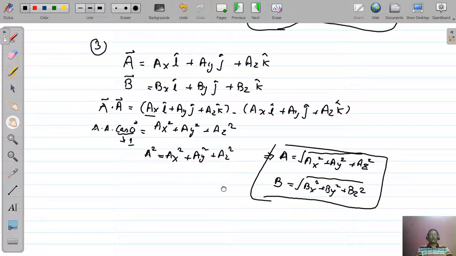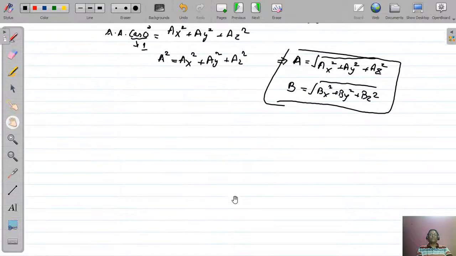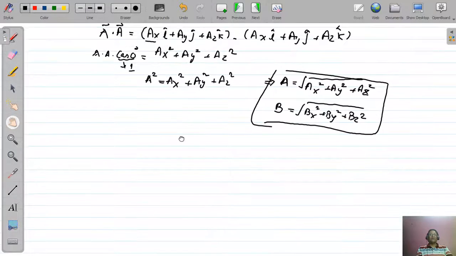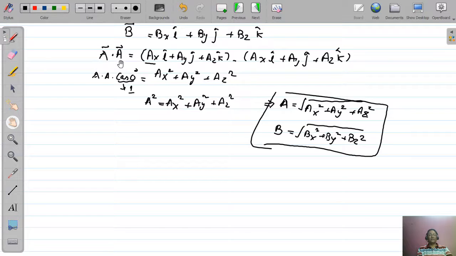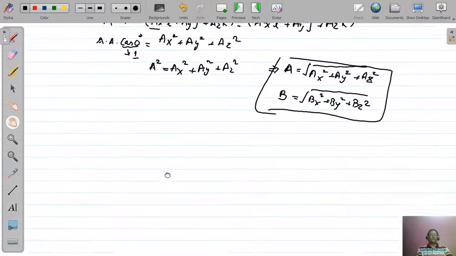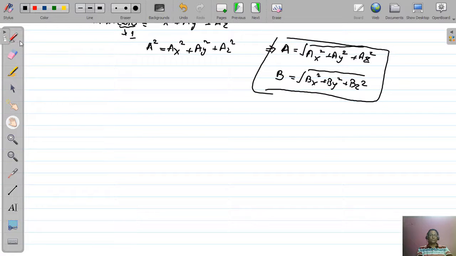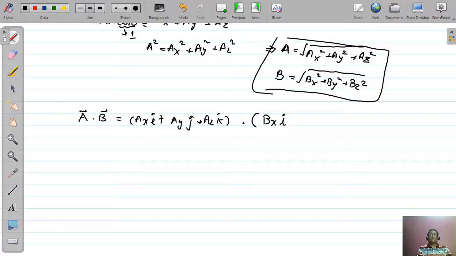Now we take the dot product of A dot B. Here we had taken the dot product of the same vector. Now we are taking the dot product of two vectors. Vector A dot vector B equals (ax i plus ay j plus az k) dot (bx i plus by j plus bz k).